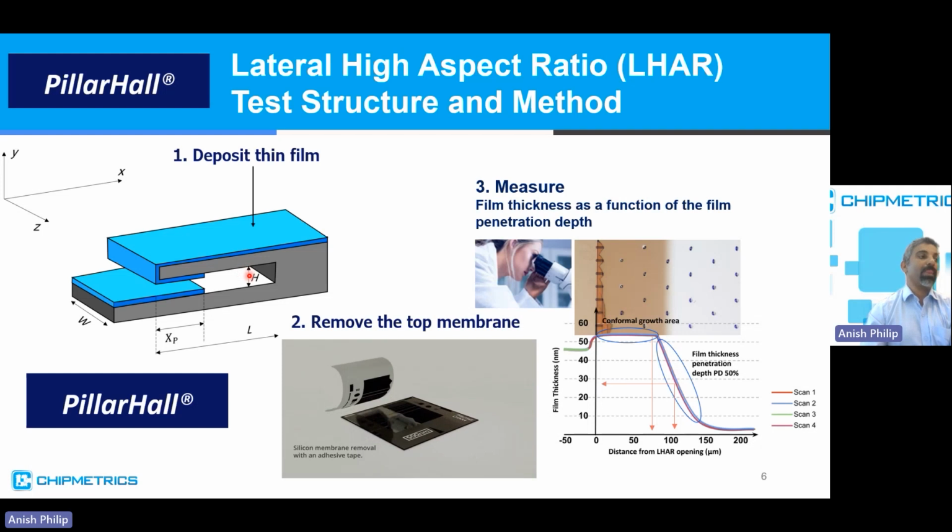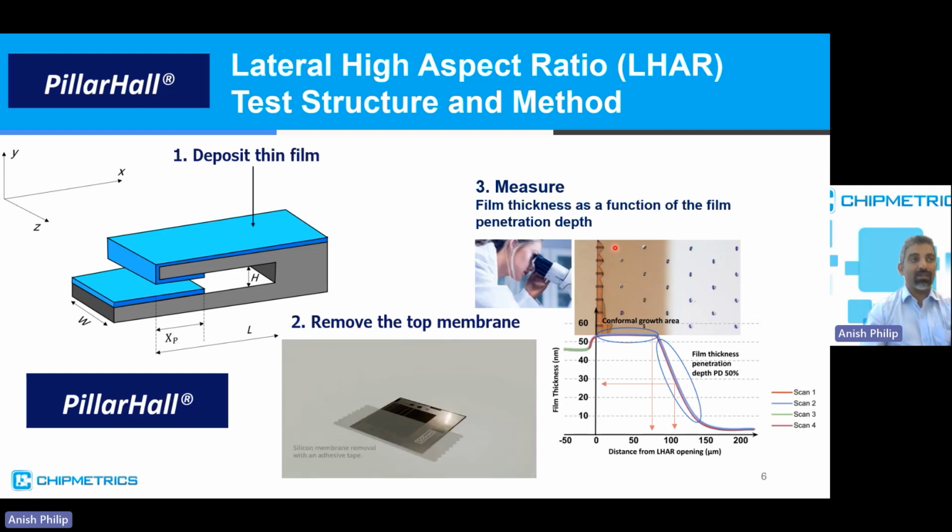So once after your deposition, you just remove this top roof membrane along with this film using this adhesion tape method, so that you can expose the film that grew inside the trench to any analytical device. For example, here you can see we are using an optical microscope to visualize the deposited area.